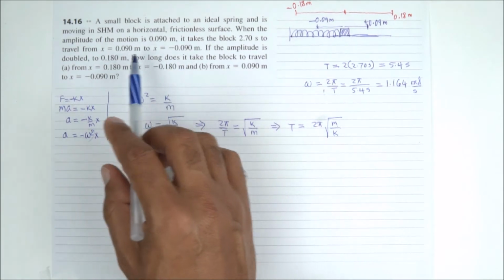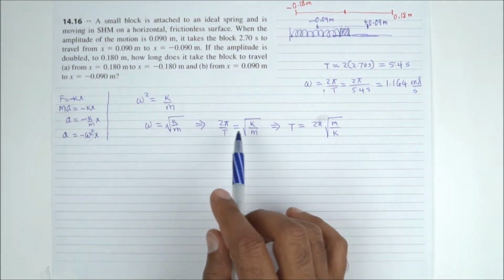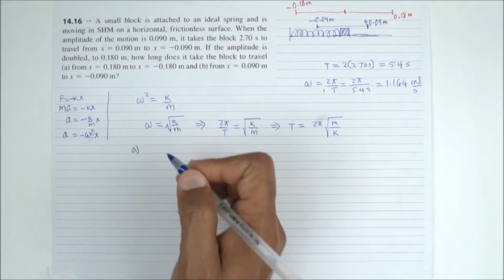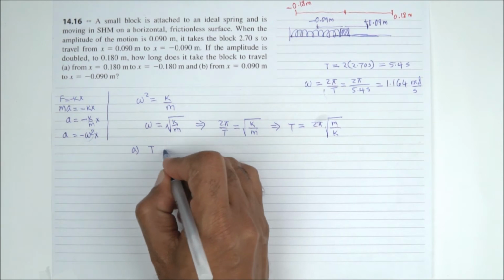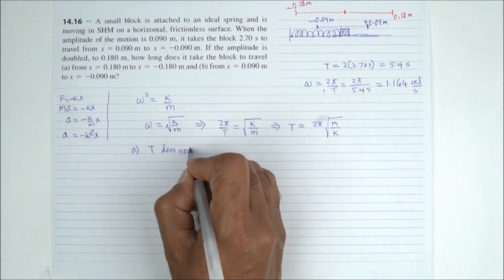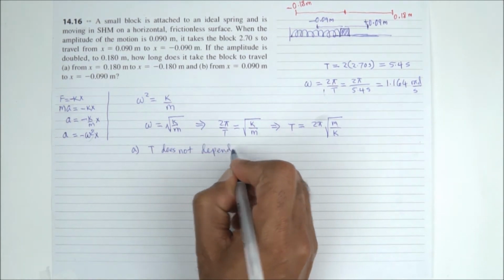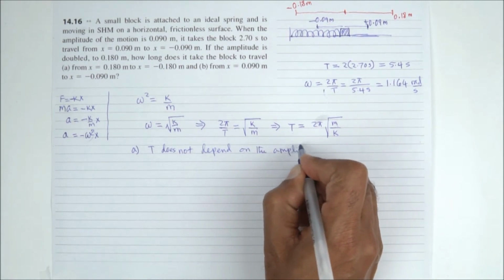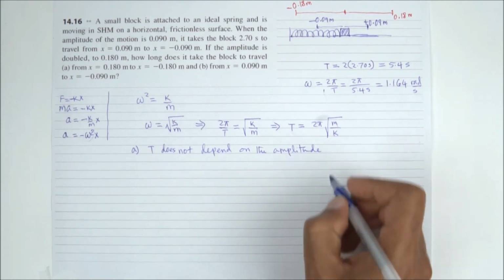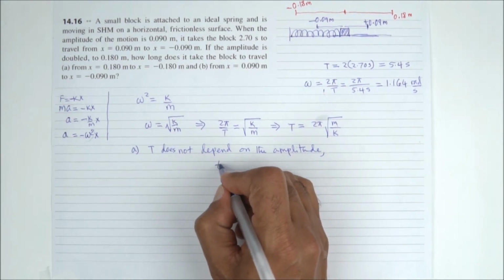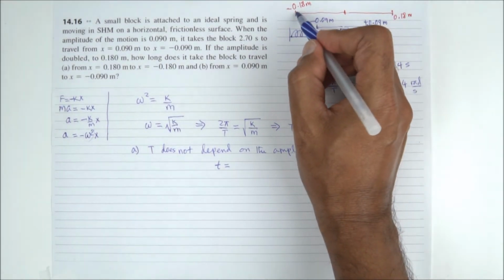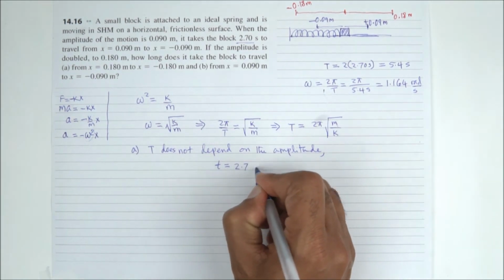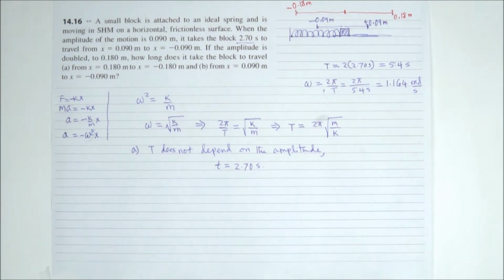So whether the amplitude is 0.09 or 0.18, the period of oscillation is still the same. So in A, T does not depend on the amplitude, and the time to go from here to there would still be the same, which is 2.70 seconds.